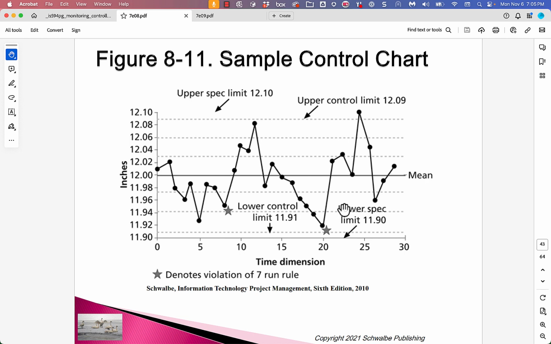Okay, so we're gonna stop the process. We're gonna intervene. We're gonna make adjustments, and then we're gonna get back to work. Okay, and you can think of that for a machine that's turning out rulers, and you can think about that as a team who's turning out web pages. It's the same deal.